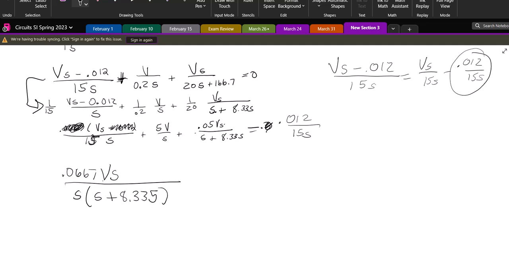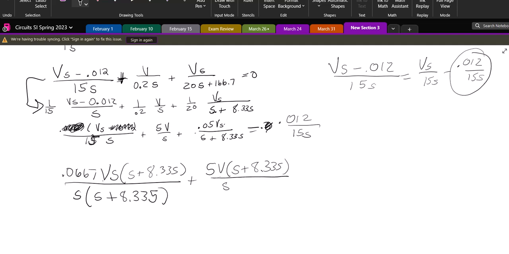And then when I get my common denominator, I multiplied that by S plus 8.335. Now my second fraction here, 5V, I'll multiply that by S plus 8.335.